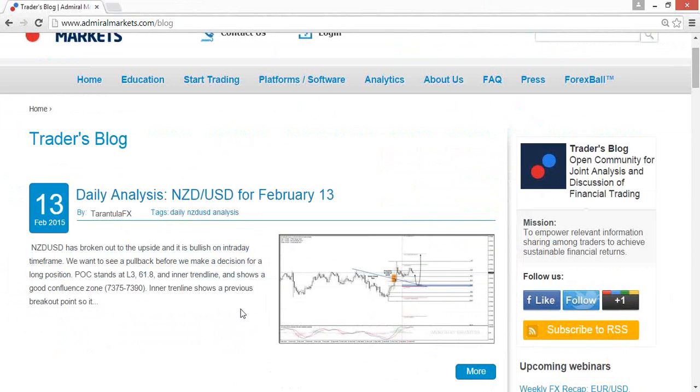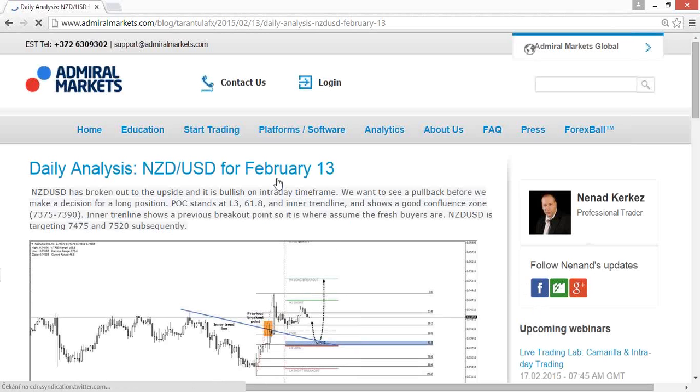Nenet was talking about a Kiwi upside. The Kiwi did move up. Not sure if he got the price that he was looking for. Let's see what he was looking for. $73, $75, $73, $90.